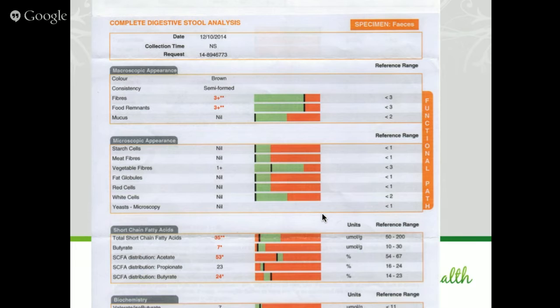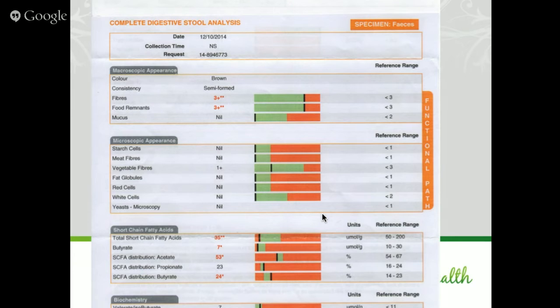Microscopic, so if you were to pull apart a piece of the poo and have a look underneath the microscope, then you would look at the fibres that you find there. And in her case, there wasn't any fibres found there. So macroscopically, she had whole portions of food, but microscopically, they weren't being partially digested or anything like that.